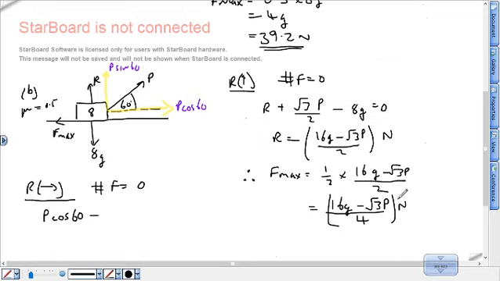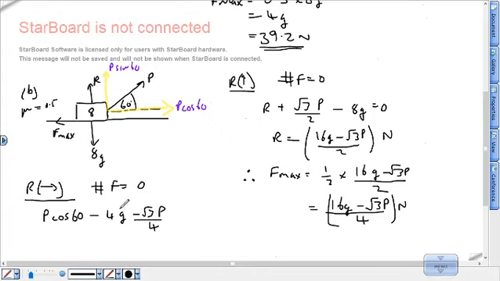Well, this is F max over here, so it is 16G minus root 3 times P, and it is all over. In fact, I'm going to separate that now. It would be easier now, so I'm going to write that as 4G, and that is over 4, only because I'm going to need to grab these two together and sort it out.